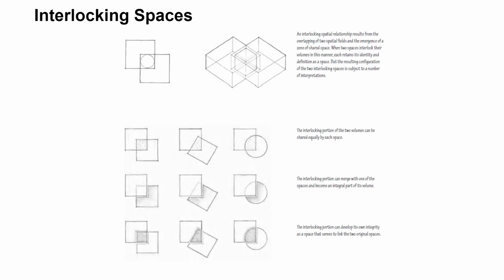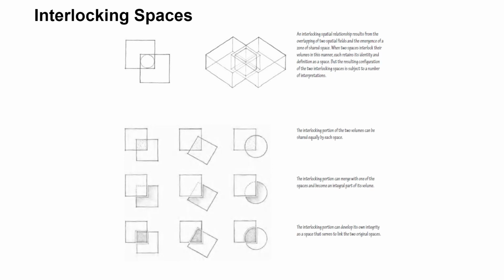So, interlocking of spaces. An interlocking spatial relationship results from the overlapping of two spatial fields and the emergence of a zone of shared space. This is very visible in a combination of spaces in which you develop a common denominator, resulting in a configuration of two interlocking spaces.